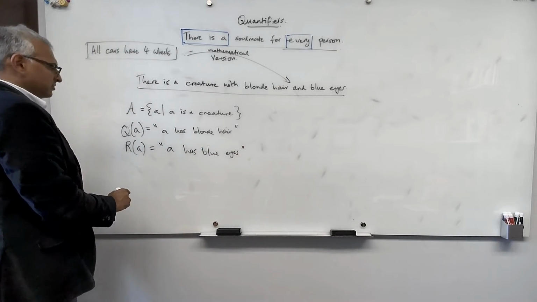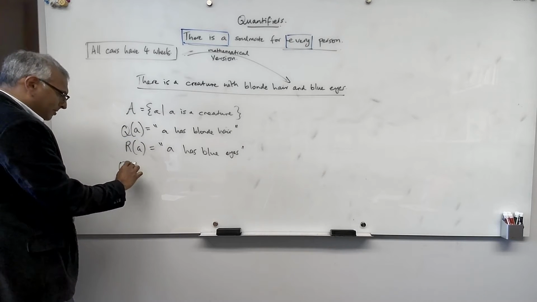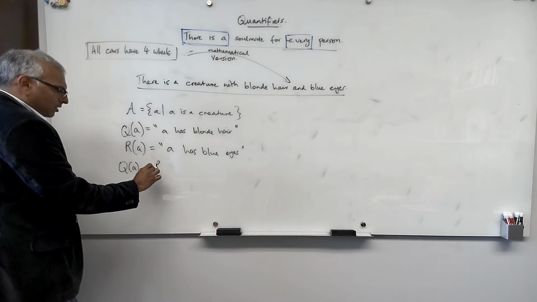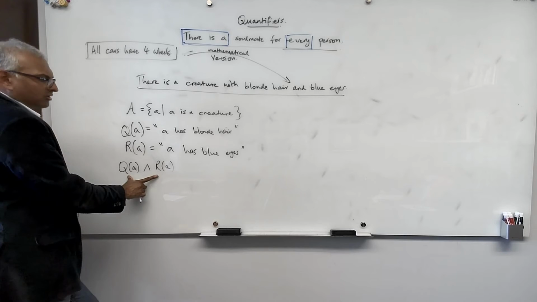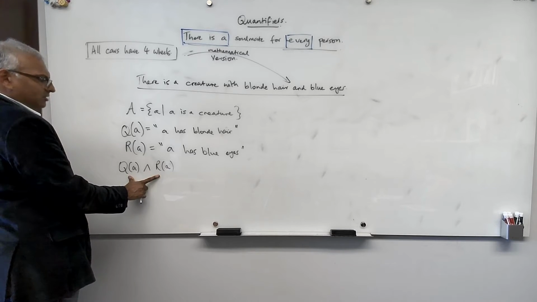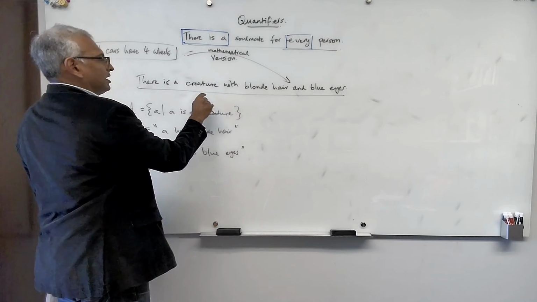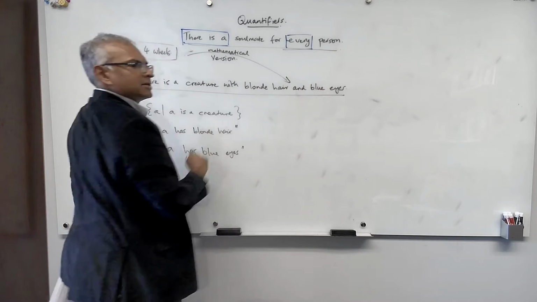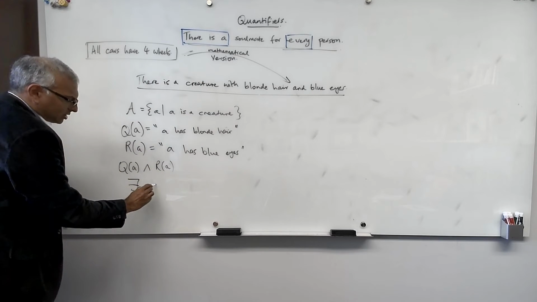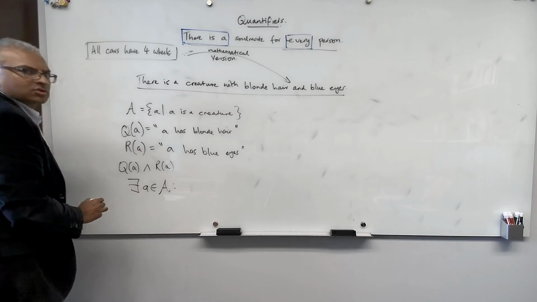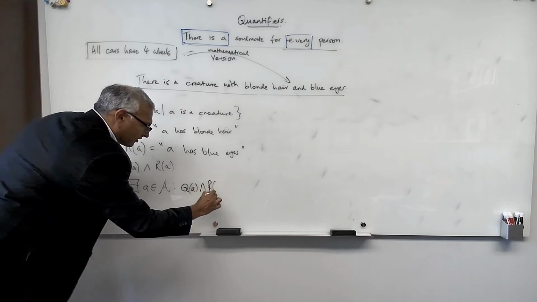Okay. Then observe that I can make a compound predicate: Q of a and R of a, because this is a statement and this is a statement, so I can take the and of the statements. So this is exactly the statement a has blonde hair and a has blue eyes. Okay. So I can now rewrite this as there exists a creature in the set of creatures such that I assert Q of a and R of a to be true.